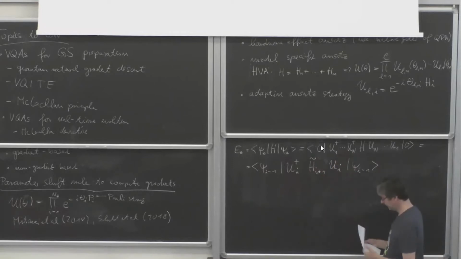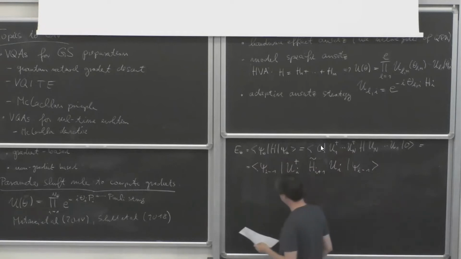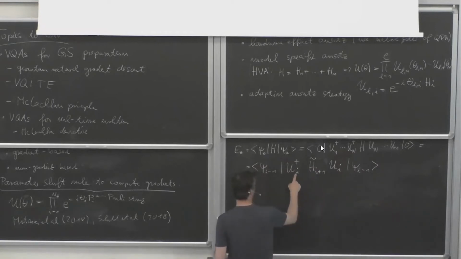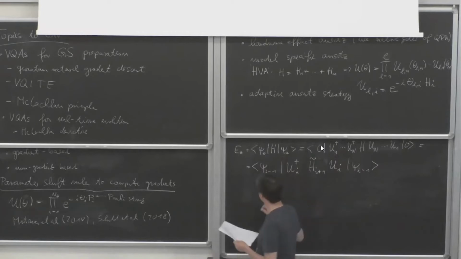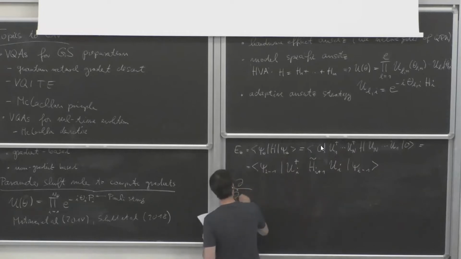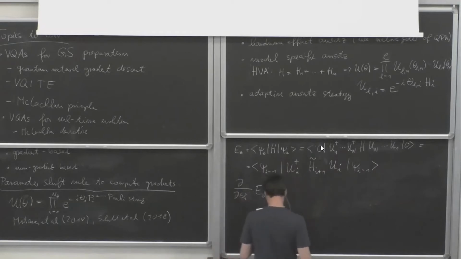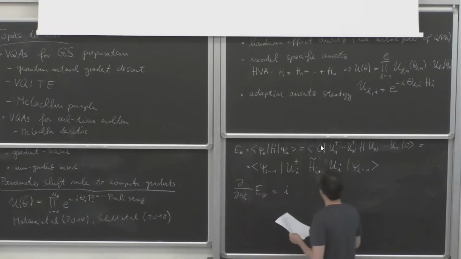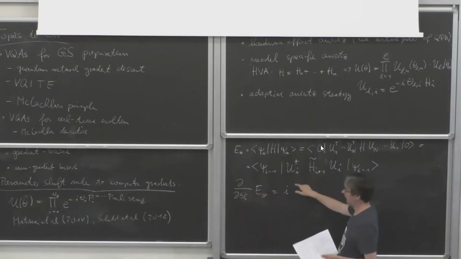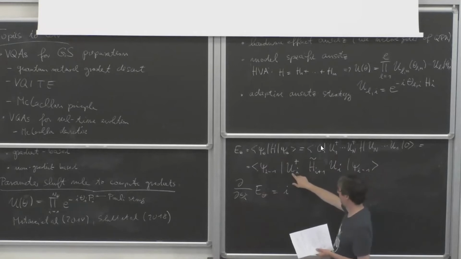Let's say I'm interested in computing the derivative with respect to the parameter theta_i that shows up in this U_i dagger. So if I want to compute the derivative of E of theta with respect to theta_i, I can easily see that this brings down an i P_i on the left, and then I'm just using the product rule.